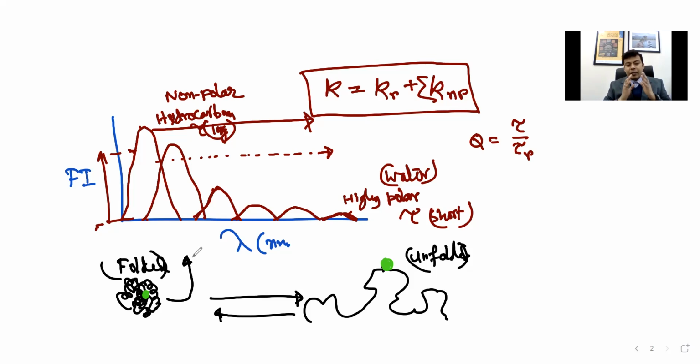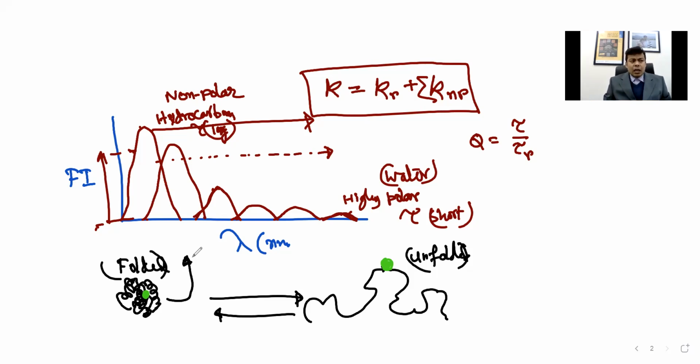Therefore, by looking at just a simple fluorescence spectrum, you will be able to characterize the folded and unfolded states and their intermediates of folding and unfolding by just looking at the characteristics of tryptophan fluorescence. Okay. This is one of the examples.